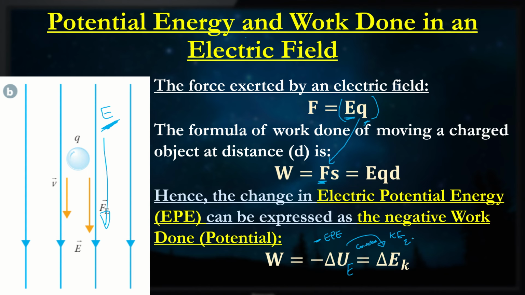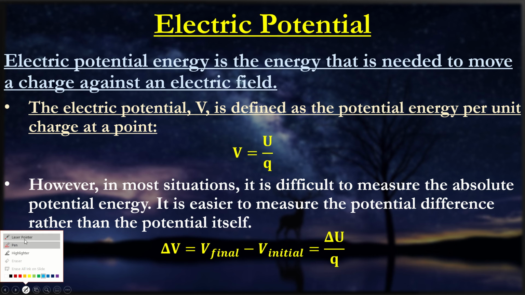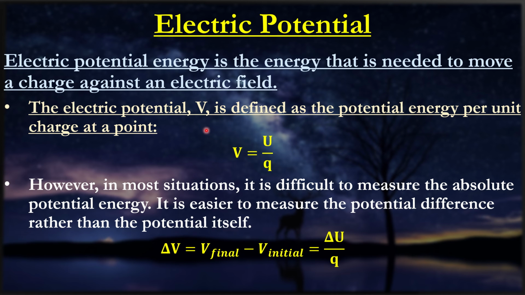Okay? So when we talk about potential difference, we're saying that it's lost potential energy. That's essentially what voltage is. Okay? So electric potential is the energy that's needed to move a charge against an electric field. The electric potential V is defined as the potential energy per unit charge.